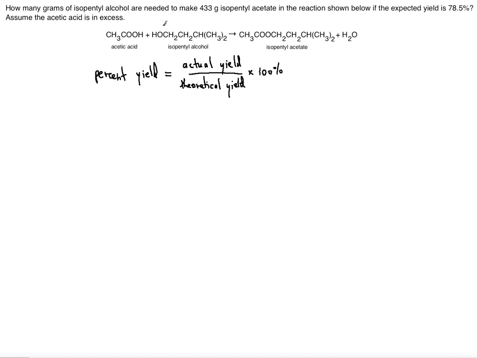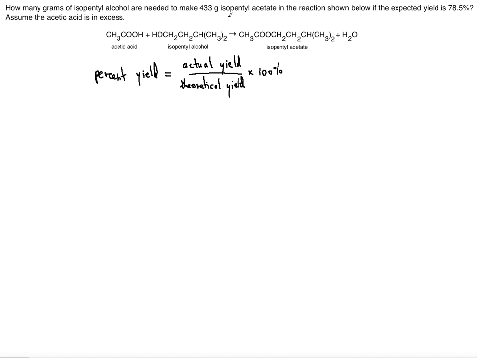You're talking about how many grams of isopentyl alcohol, right? You're going to use this somehow, but before that, you have to understand what you're going to be making. You're going to be making a product, the isopentyl acetate, this compound here, and you need to make 433 grams of that.